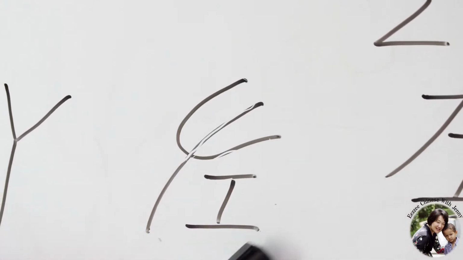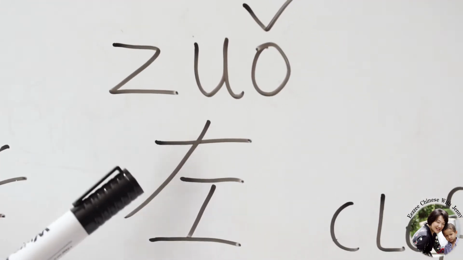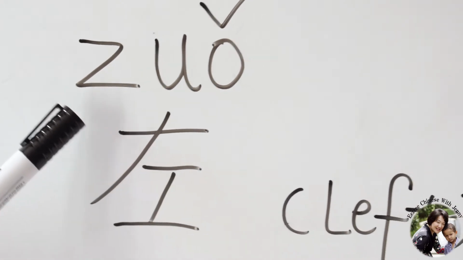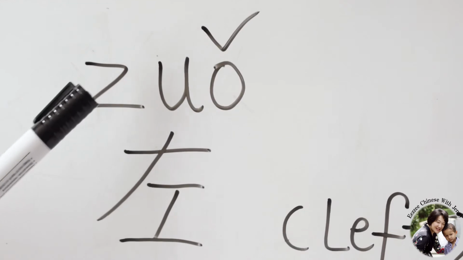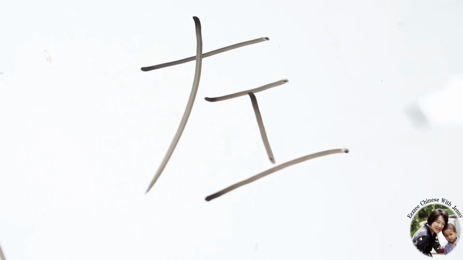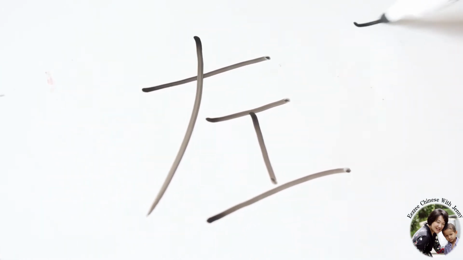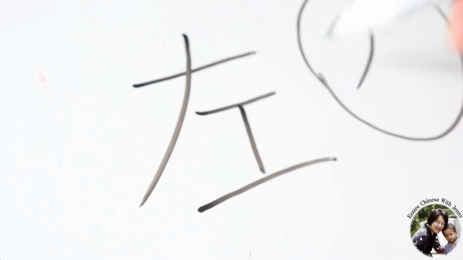The whole character together now means left. Pronunciation is zuǒ, 左, 左. First stroke, second, and then third, fourth, fifth. Now, actually, this part is the simplified version of hand.